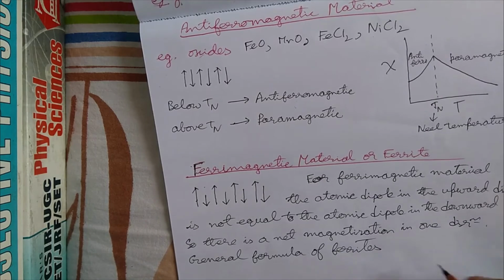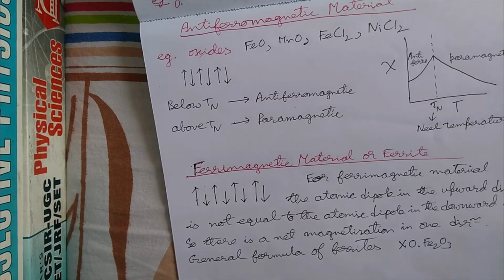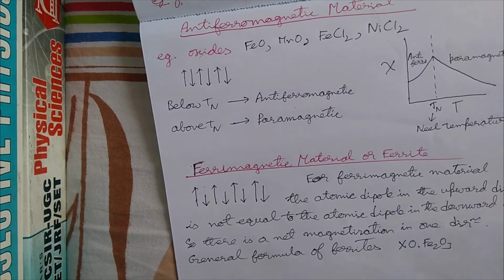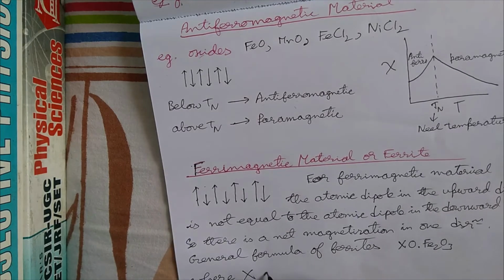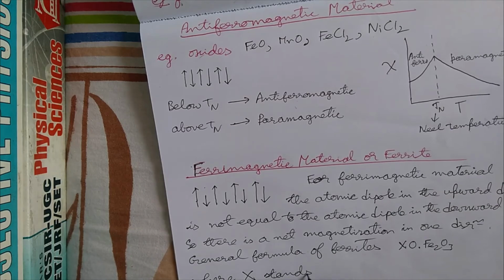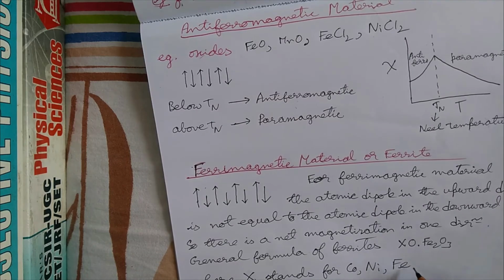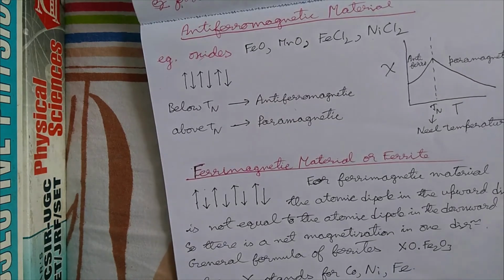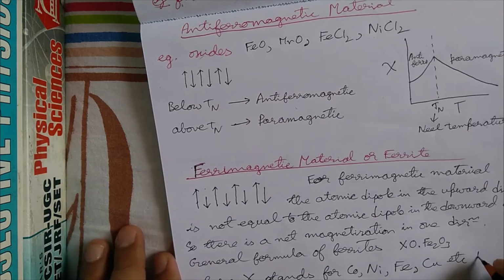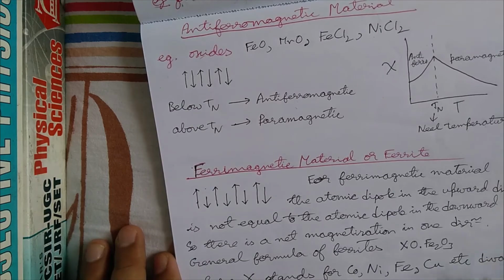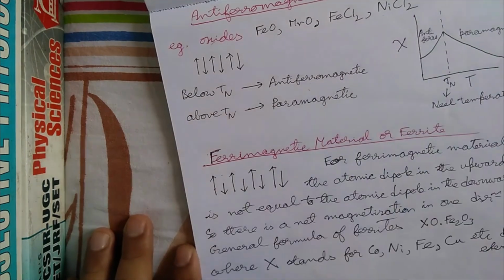The general formula of ferrites is XO Fe2O3, where X stands for divalent metals like cobalt, nickel, iron, copper, etc. What are the examples?